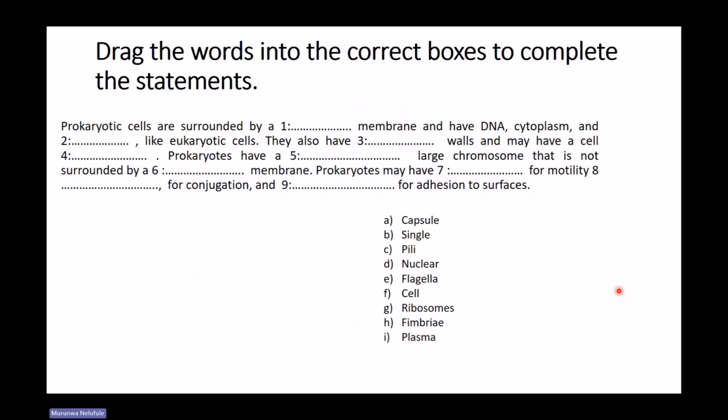Prokaryotes may have for motility, 8 for conjugation, and 9 for adhesion to surfaces. I'm no longer reading this because I sound so ridiculous. The options there are A, capsule, B, single, C, pili, D, nuclear, E, flagella, F, cell, G, ribosomes, H, fimbriae, or I, plasma.